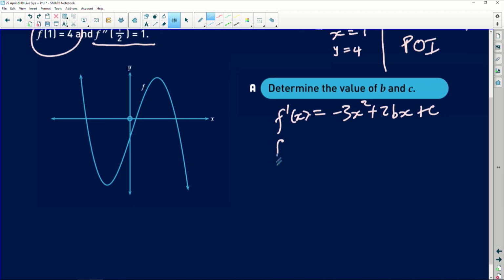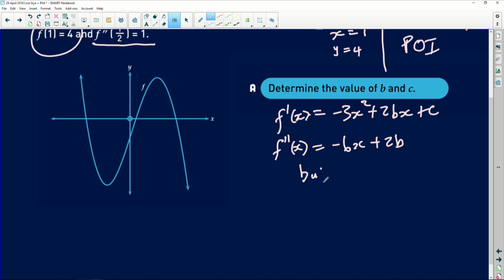And therefore, the second derivative of this will then be equal to negative 6x plus, remember the exponent is 1 there, so 1 multiplied by 2b is 2b, and then 1 minus 1 is x to the exponent of 0, hence it gives us 1, so it will only be 2b.